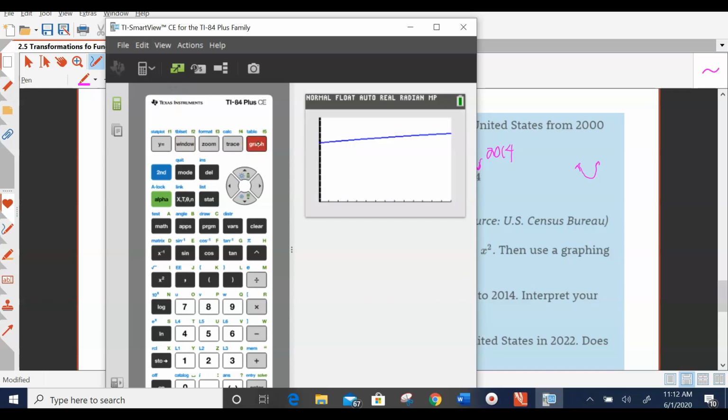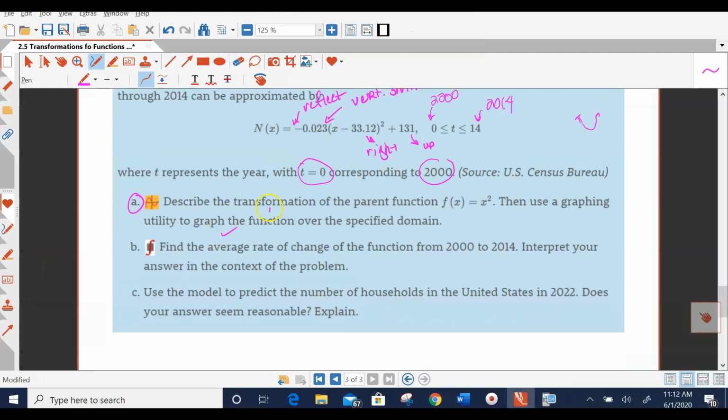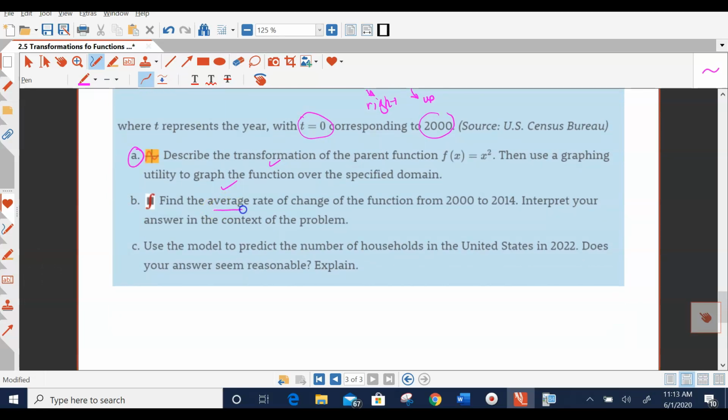As you can see, we've got a piece of a graph, not a whole parabola, just a piece of it from 2000 to 2014. Okay, so we graphed it, we described the transformations. Now let's find the average rate of change. And remember, the average rate of change is just the slope.